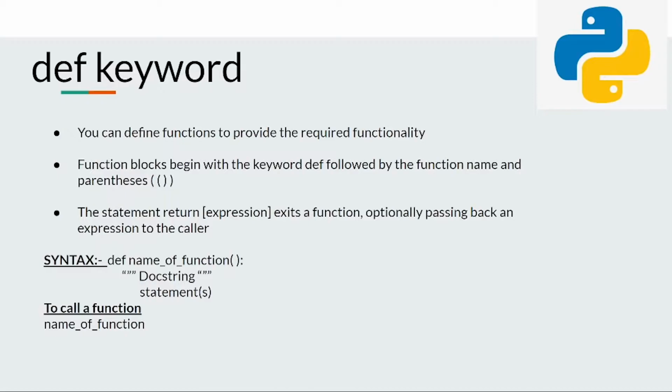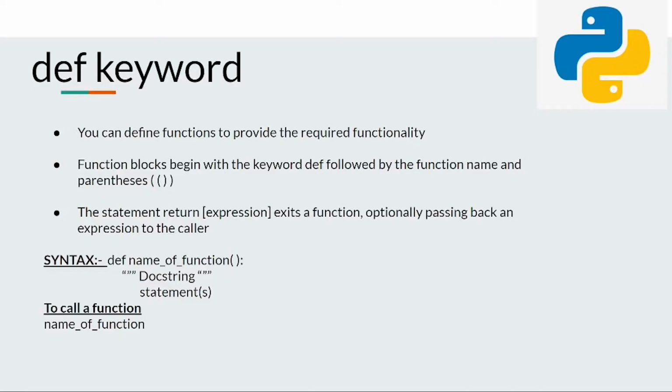In the sense, return allows us to assign the output of the function to a new variable. So the return keyword sends back the result of the function and allows us to assign the particular output to a new variable.